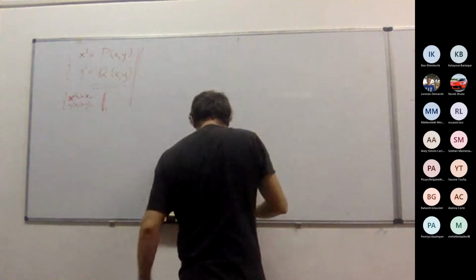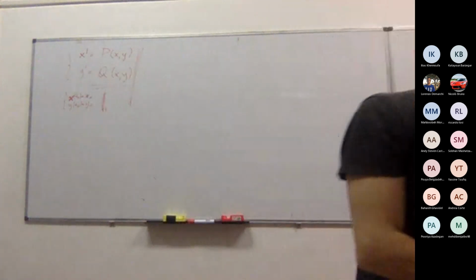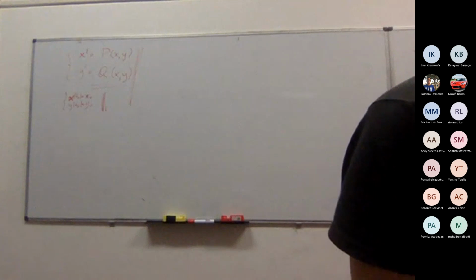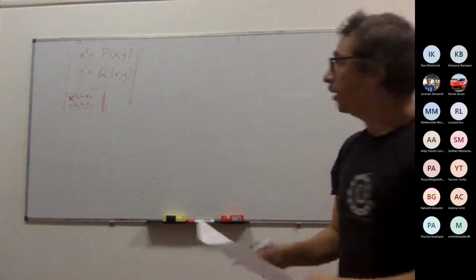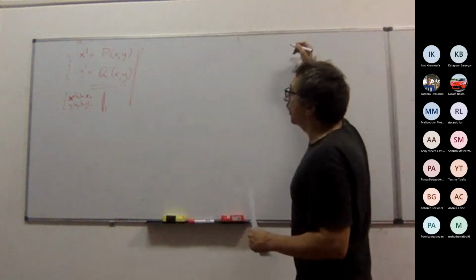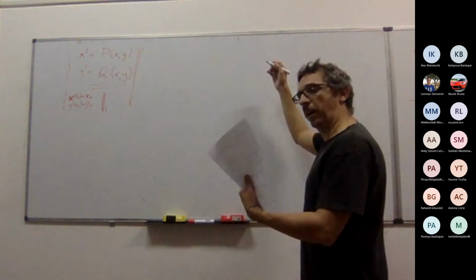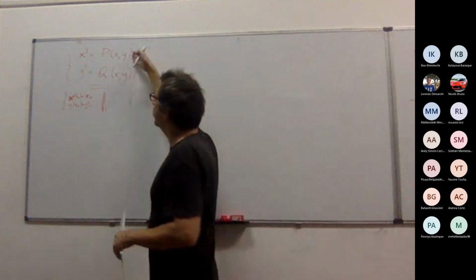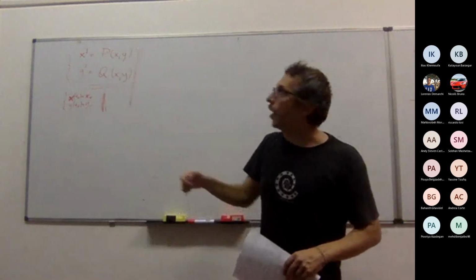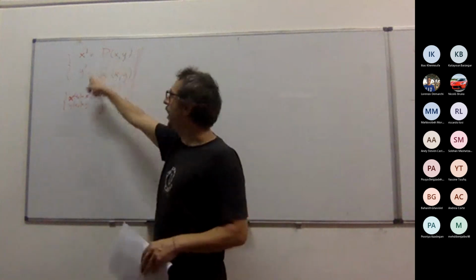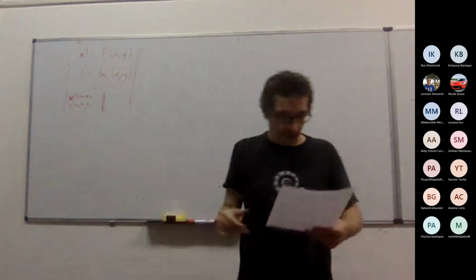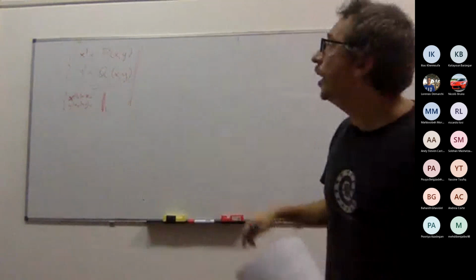So imagine that I have a system, and let me suppose that the system is exactly this one: x prime equal to P of x and y, and y prime is equal to Q of x and y.